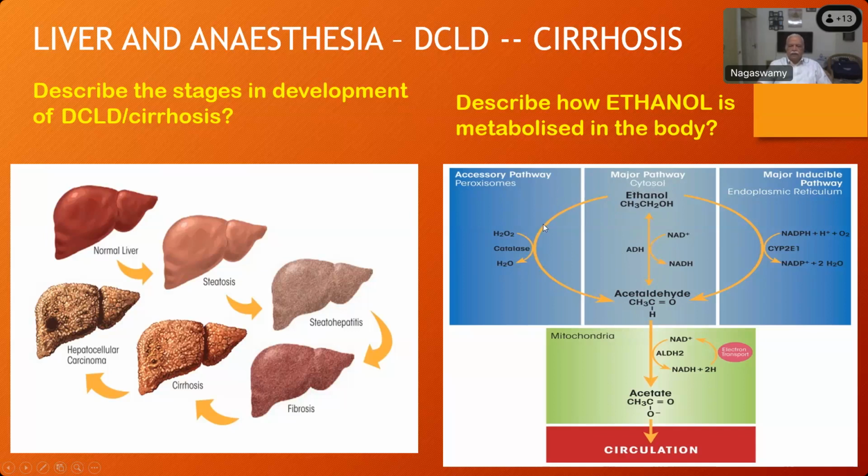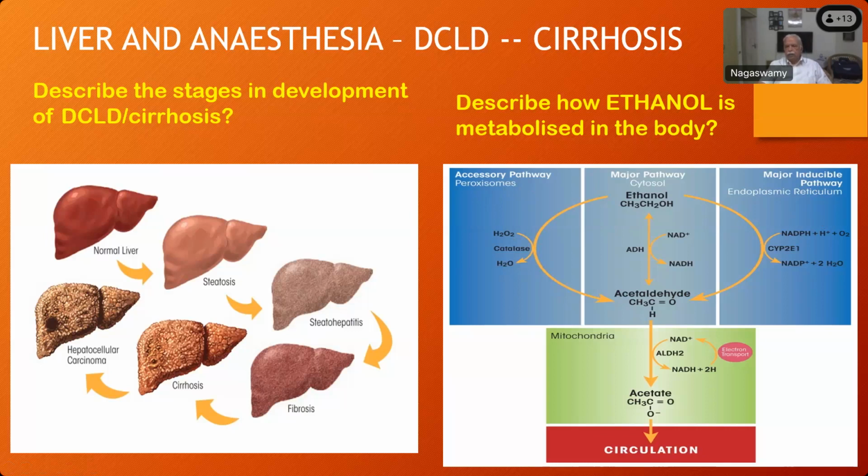Then hepatocytes have organelles called peroxisomes, where it is also broken down to hydrogen peroxide, then to water. This is an accessory pathway. And there is an inducible pathway, depending upon the amount of alcohol taken, the load that the patient poses to the hepatocyte.